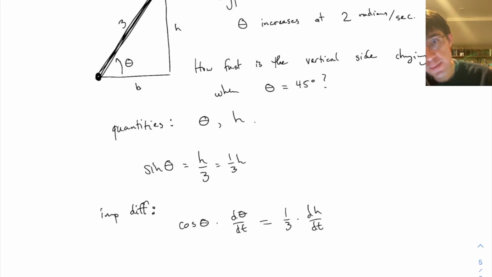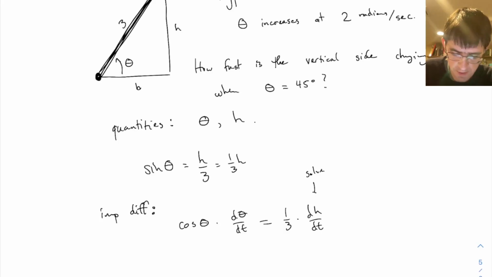Then the last step of a related rates problem is to decide what you need to solve for based on the question, and then plug in for everything else. Now the question in this case is how fast is the vertical side changing? That would be the rate of change for h. That's dh dt. So I'm going to solve for this, and then I have to plug in for everything else. I'm going to plug in d theta dt.